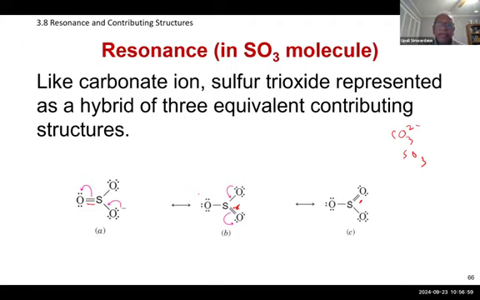It's used in compounds with double bonds when they can be distributed in more than one place, three places in the sulfur trioxide and carbonate ion. They contribute to three hybrid structures.